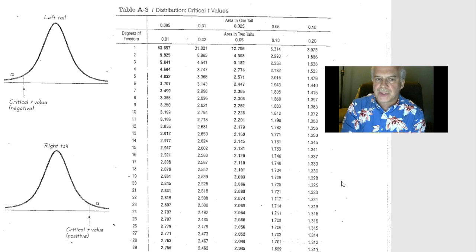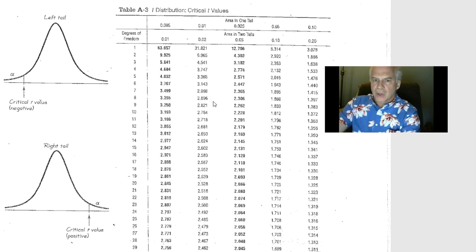So here you see a table A3 that's in your textbook, and it is showing t critical values, and the rows are numbered and called degrees of freedom, but the columns depend on alpha.